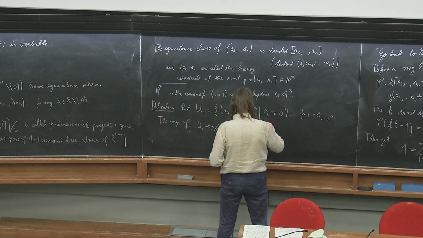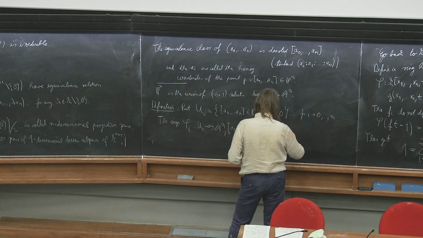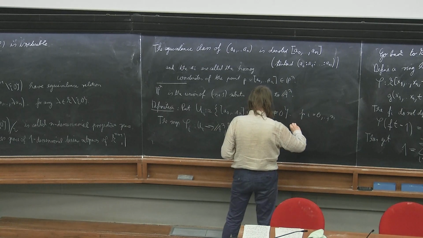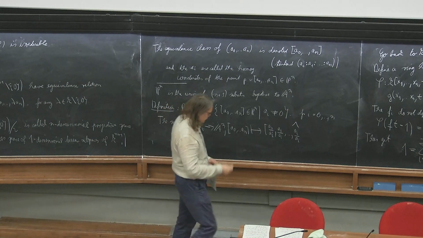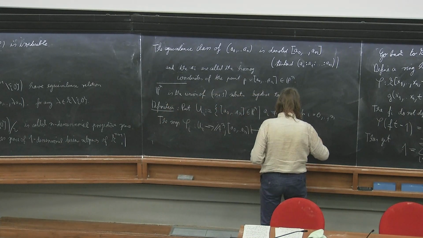So this is A0 divided by Ai, A1 divided by Ai, and then at some point I would get Ai divided by Ai, which is 1, but this symbol means that I don't have it. I delete that coordinate, and then it goes on until An divided by Ai.